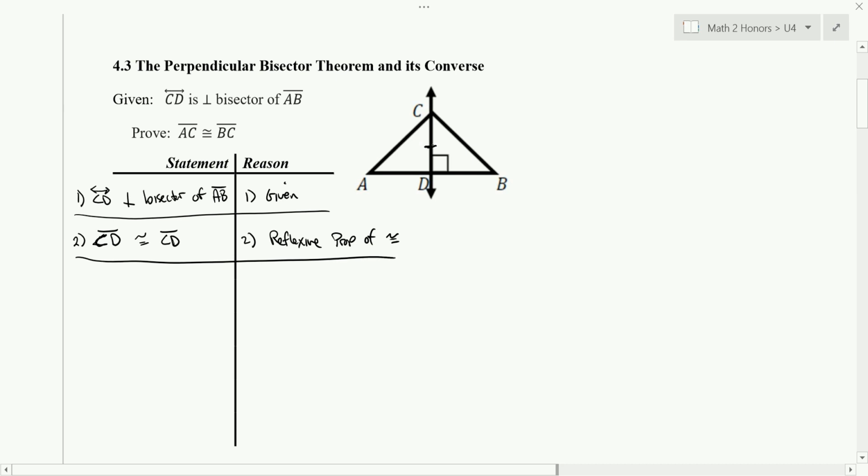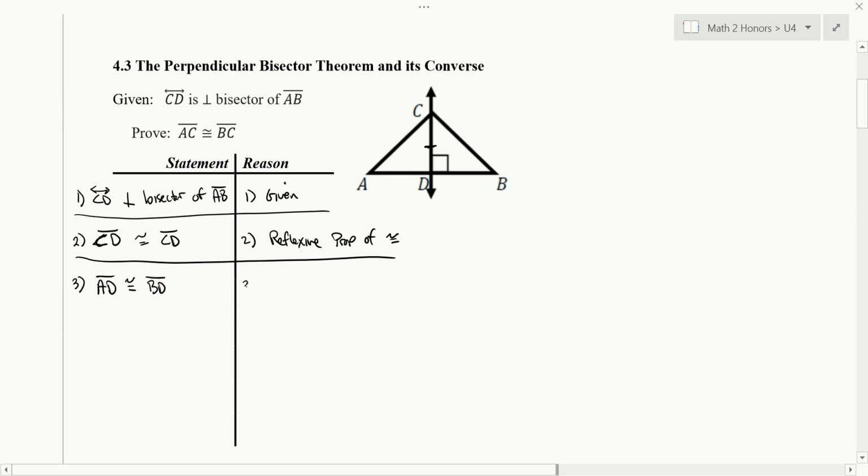But we do want to do what Luis was trying to do. He was trying to use the definition of a perpendicular bisector to give us some information. Perpendicular bisectors don't bisect angles. They bisect segments. So that's the key thing you got to know. And that's the segment that we're bisecting, right? So AD is congruent to BD.